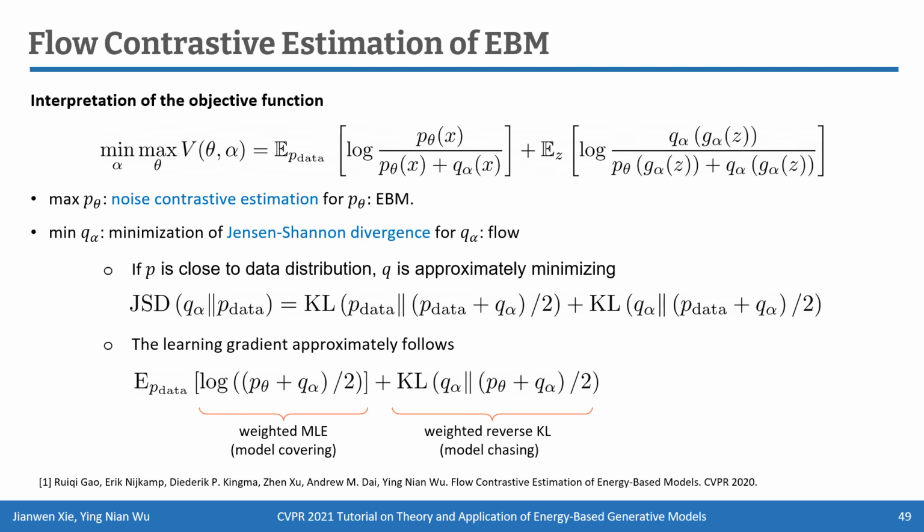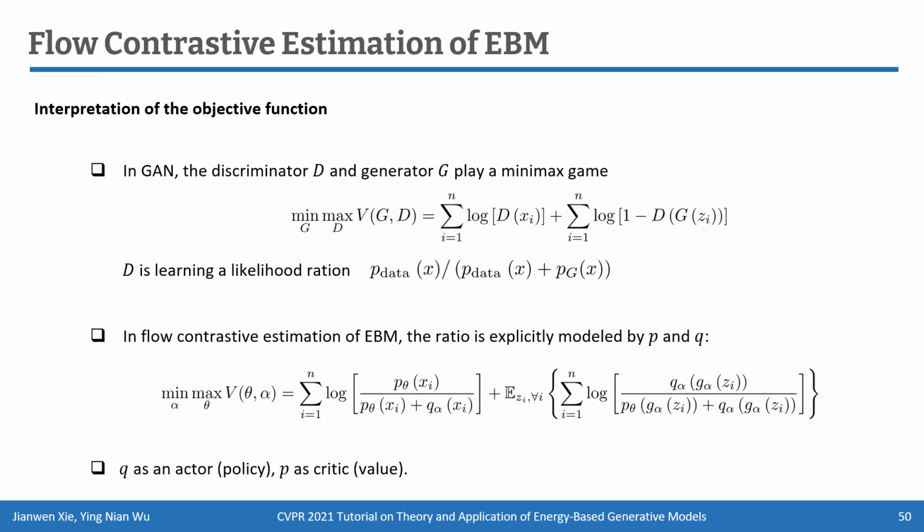So basically, we let the energy-based model be a surrogate of the data density to further improve or refine the learning of the flow-based model. That's the basic idea of the joint training.